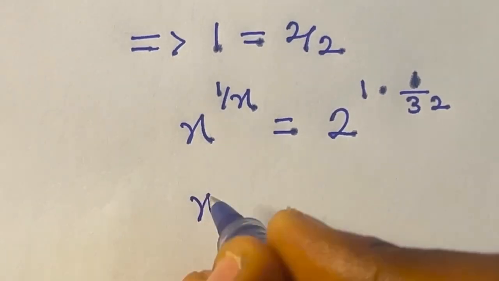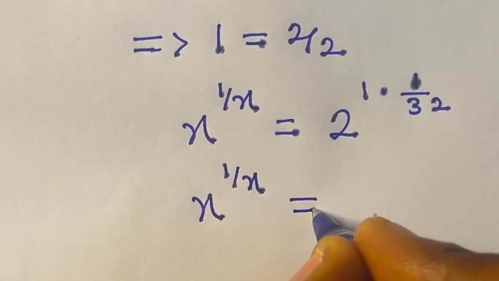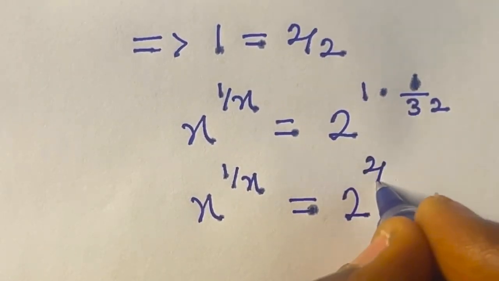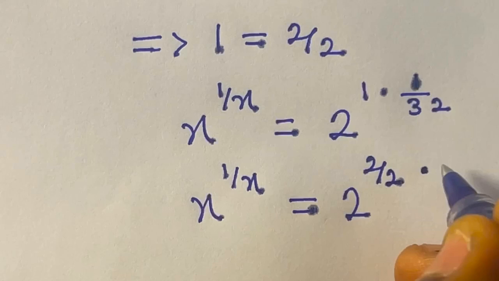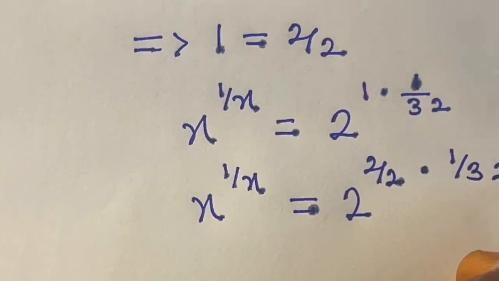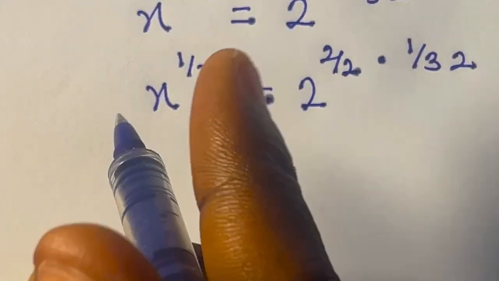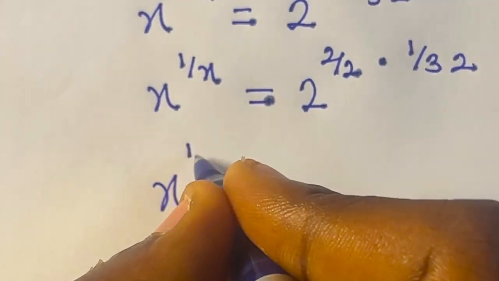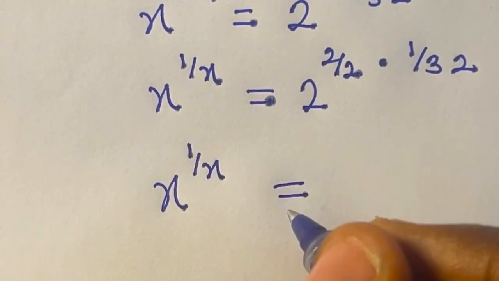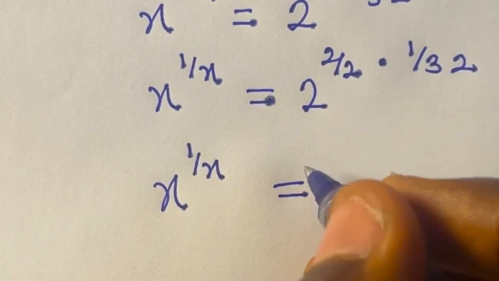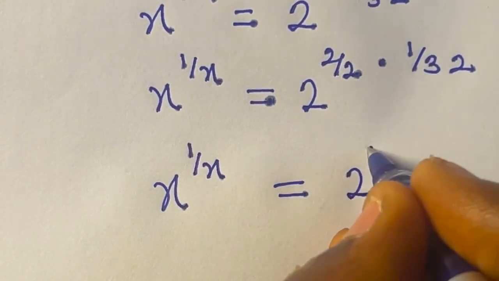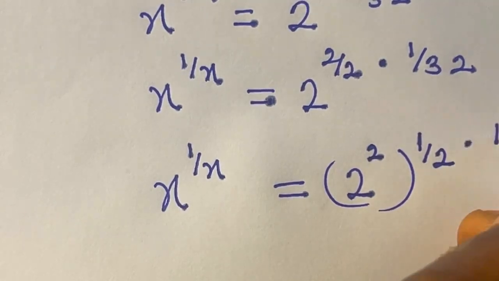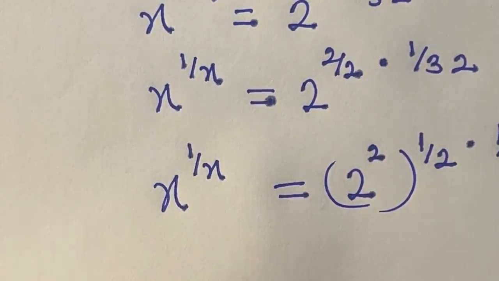So what is left now is x raised to power 1 over x equals 2 raised to power 2, then raised to power 1 over 2 times 1 divided by 32.